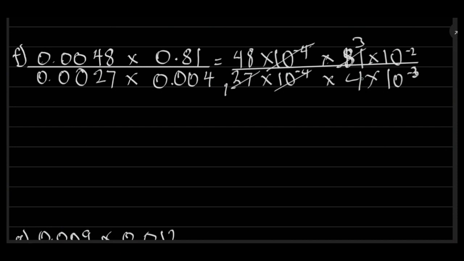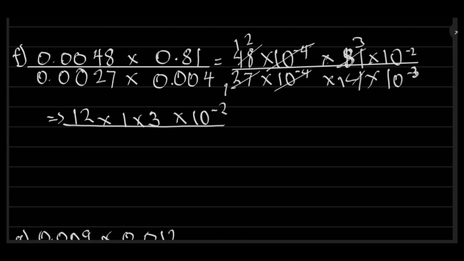Now 4 into itself is 1, and 4 into 48 will be 12 times. So this is what we are left with: 12 times 1 times 3 times 10 raised to the power negative 2, all over 1 times 1 times 1 times 10 raised to the power negative 3.